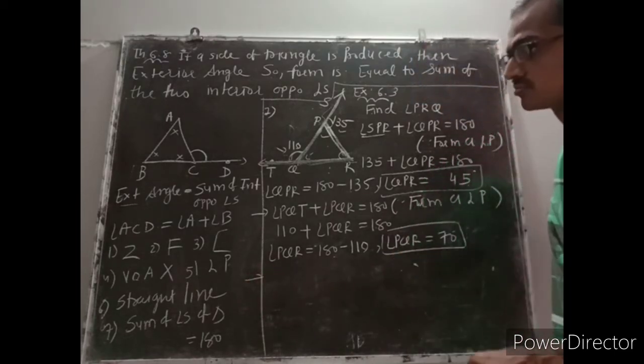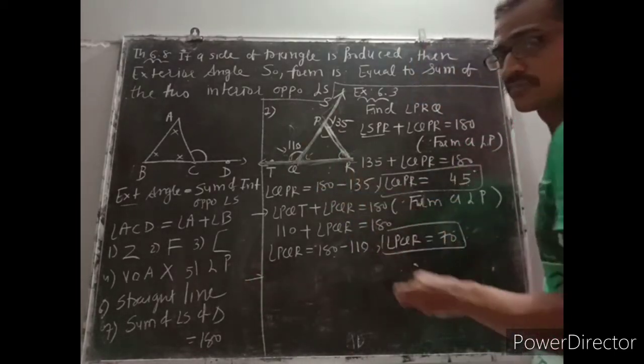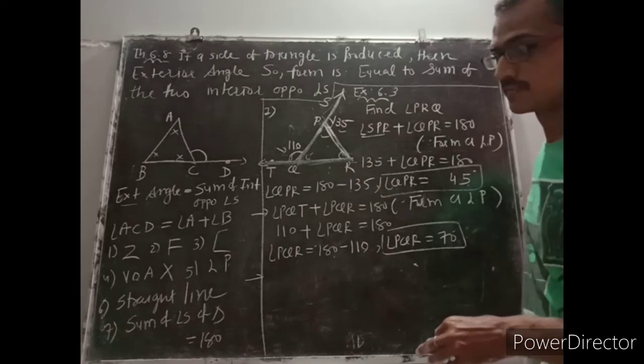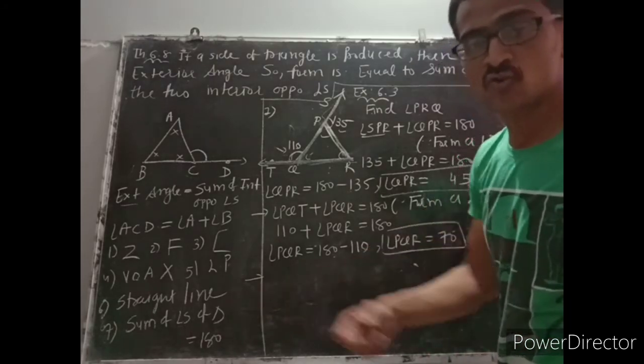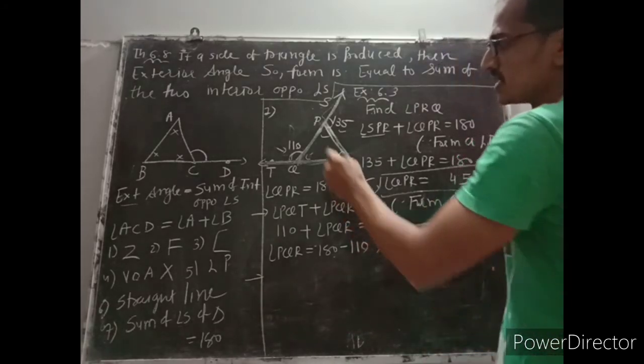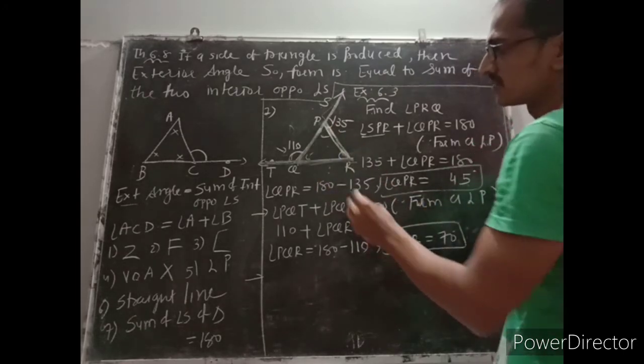Now this triangle also we have. Now I will apply angle sum property. See, this theorem is also called angle sum property. So the sum of these angles will be 180 degree.